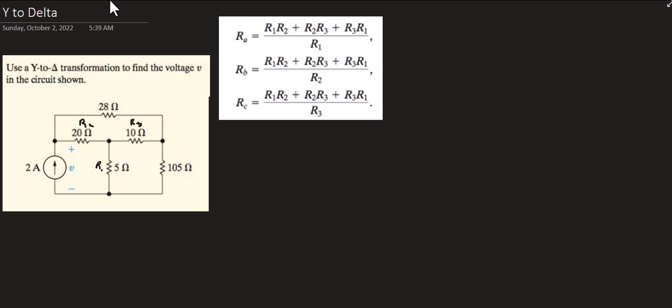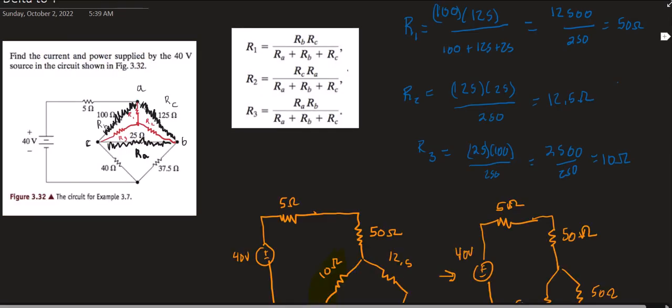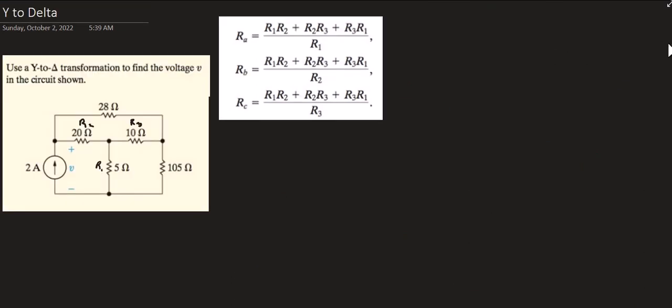Now I'm going to do like I did in the last problem, and draw in a delta circuit that we're going to replace this circuit with. If you remember, we had our same nodes A, B, and C for our delta circuit and our Y circuit, and we're going to do the same thing here.